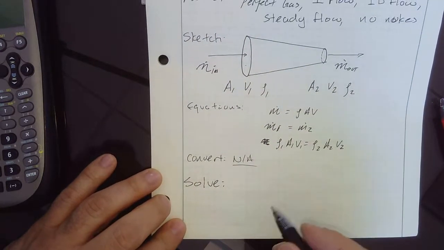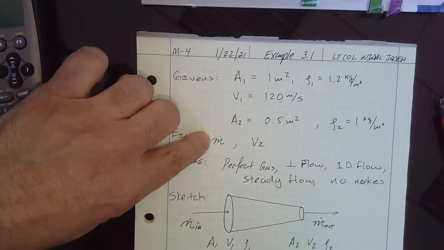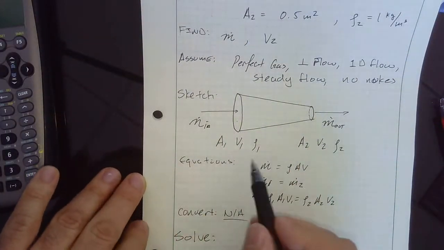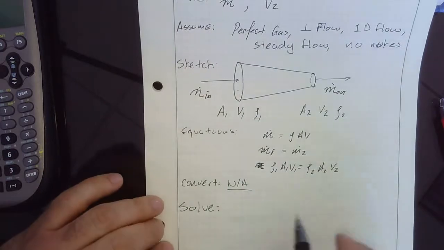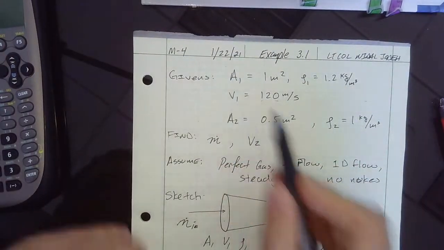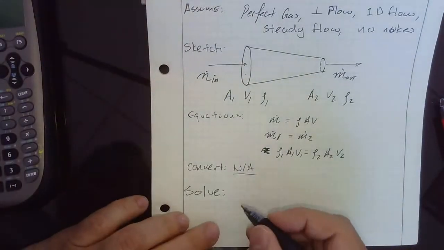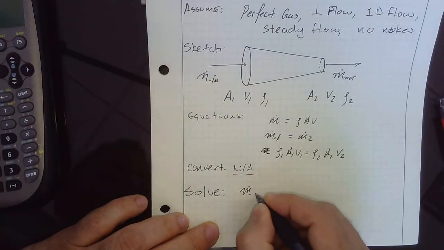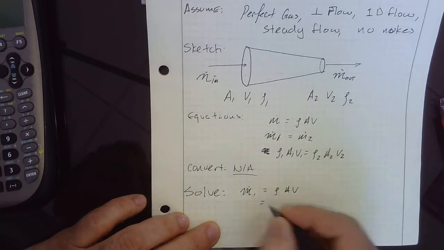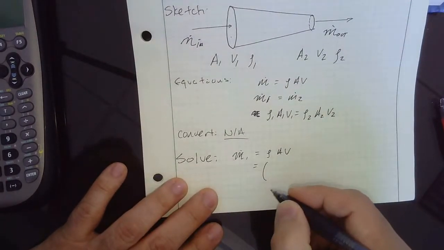Well, in this case, the first thing it's asking us to find is flow rate. And since we know that flow rate is the same everywhere, we only need to solve it at one point. And we already have the given values at station 1. So m dot at station 1 and everywhere else is going to be rho AV. And we will go ahead and plug in our known values.